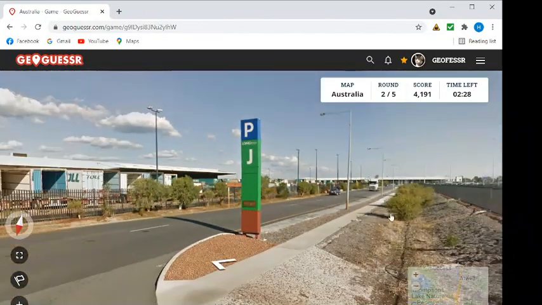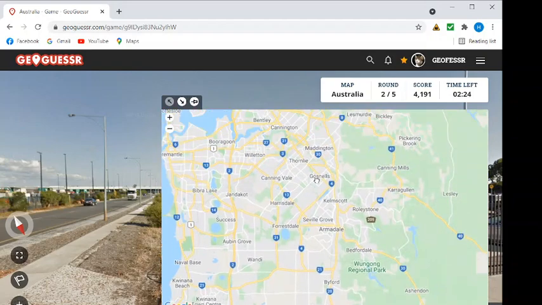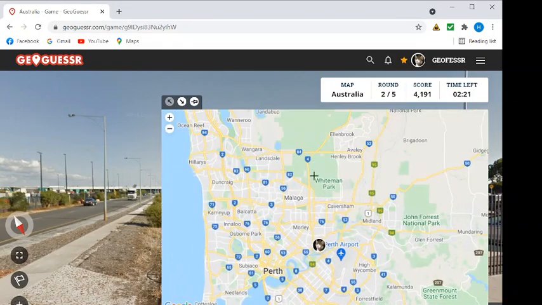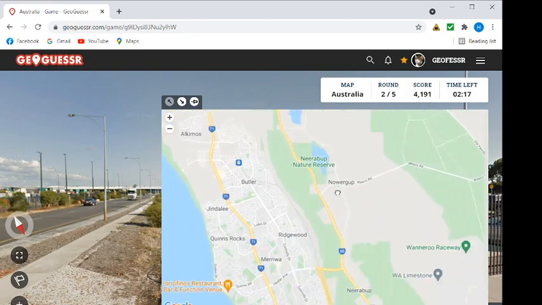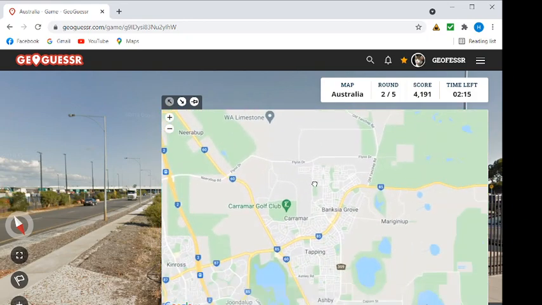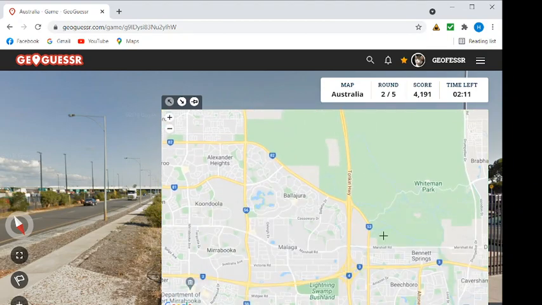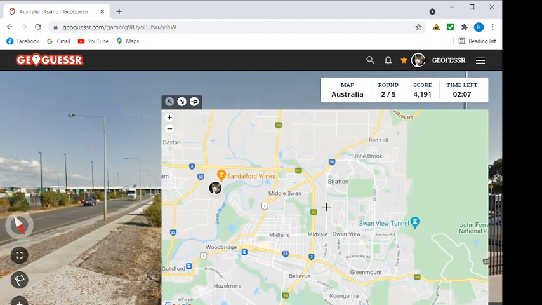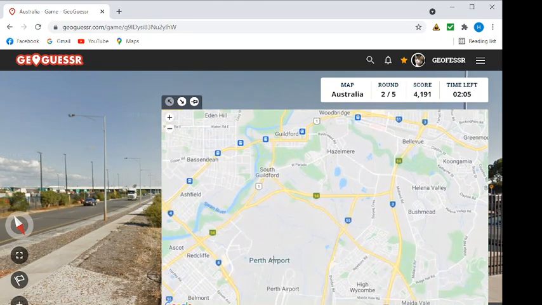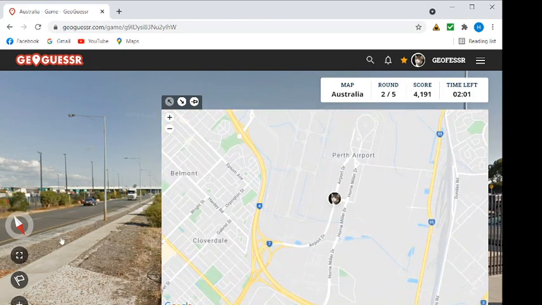Yeah, okay, so this is definitely the airport. Let's see. So I guess you sort of look around the outside of Perth and see if you can find the airport. Yeah, just do a plunk down so that if it times out, there's the Perth airport. Okay.